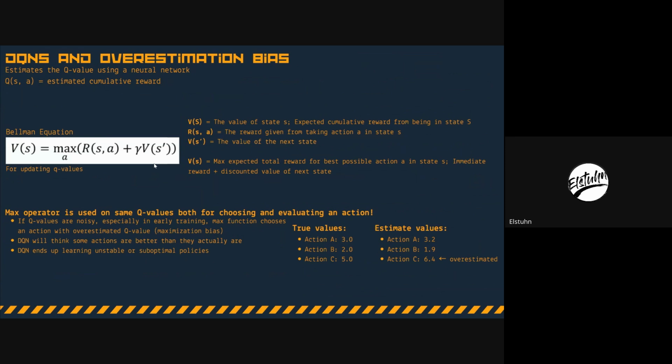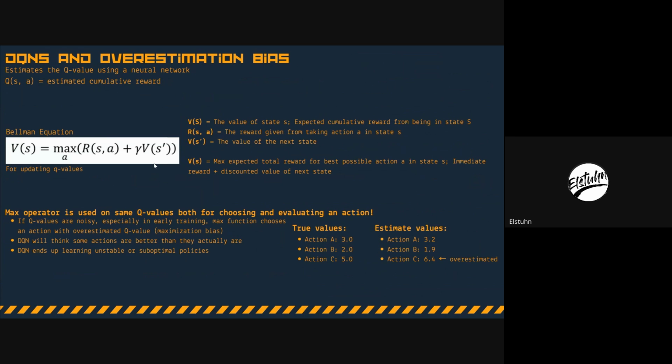So if the Q values, essentially the value that we give to a state, are noisy, especially early on in training, the argmax function will choose the action with an overestimated value. And then the DQN will think that some actions are better than they actually are. This will end up causing the DQN to learn unstable or suboptimal policies as well.